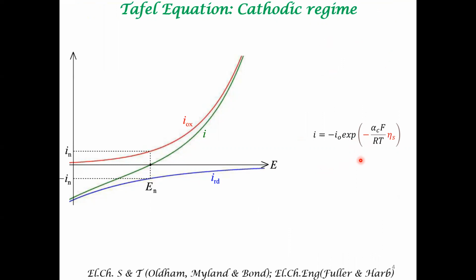On one side, the overpotential is a positive quantity. On the other side, the overpotential is a negative quantity on the cathodic side, and the current which you get is also a negative quantity. Again, you can have a plot in the cathodic region, and such a plot would help you get alpha C.